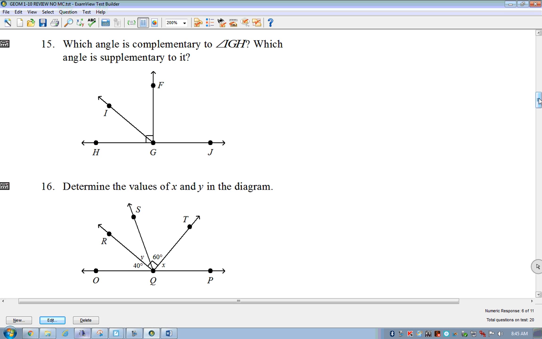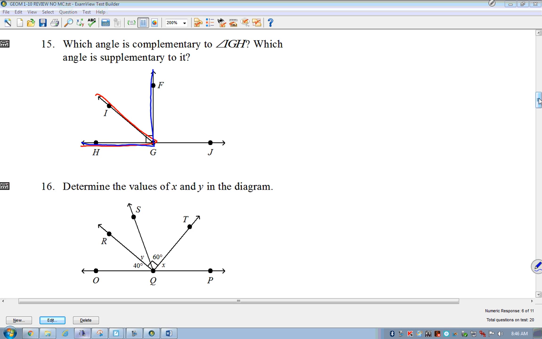So if we have IGH, we want to know which angle is complementary to it. Which angle plus my red angle adds up to 90 degrees? Can we tell now? Michael, what do you think? FGH. In order for them to be complementary or supplementary, they have to be adjacent, which means they can't overlap. If I do FGH, FGH is 90 degrees, right?